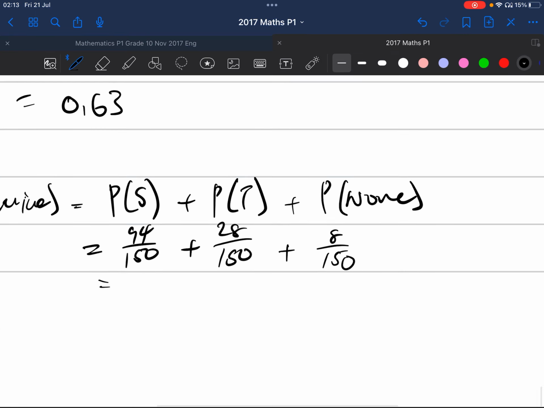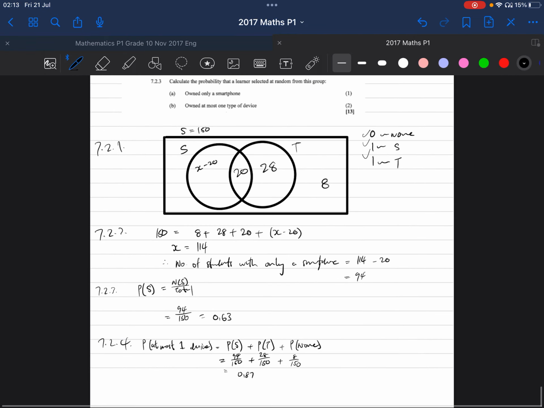Now if you add that all up, put it in your calculator, you should get 0.86 or 0.87.